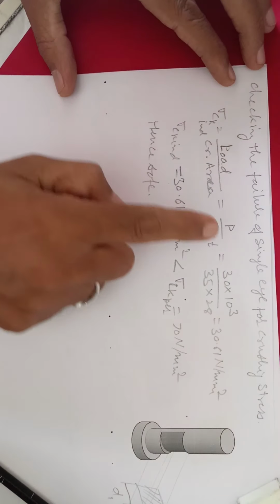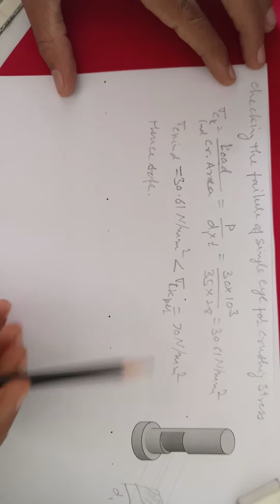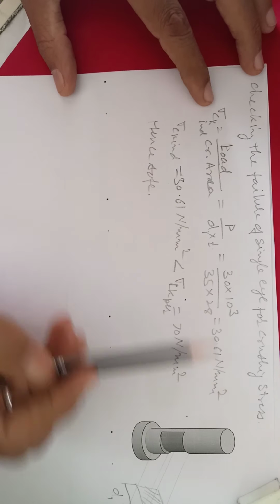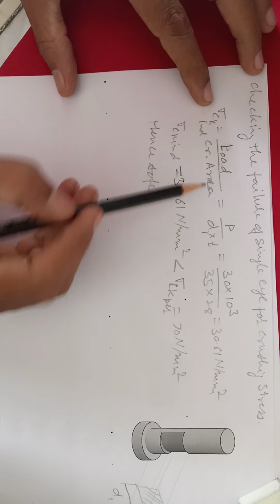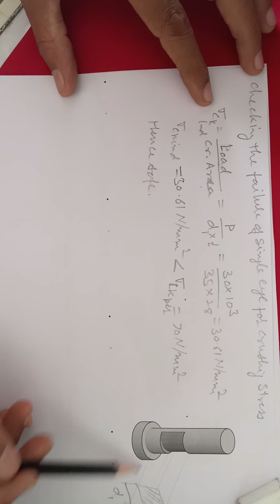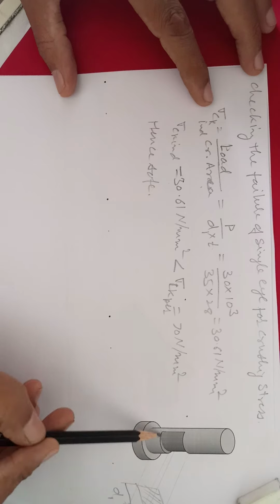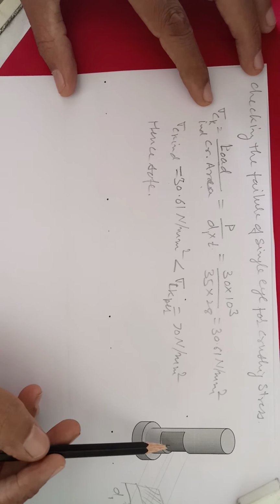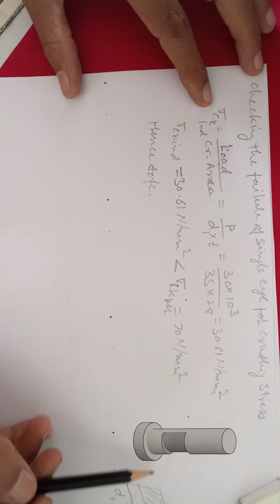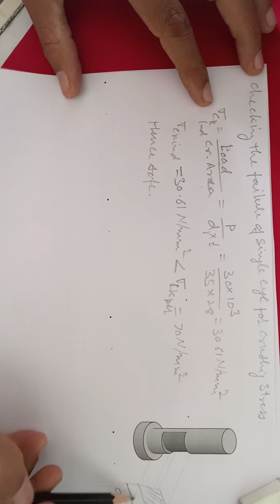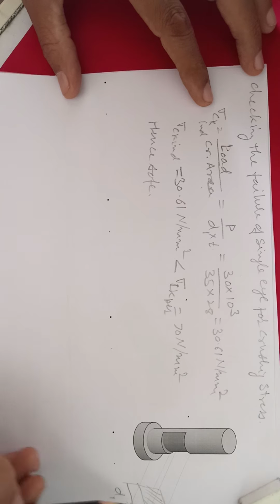Now checking the failure of single eye for crushing stress. The crushing stress is equal to load upon crushing area. Here we have already calculated the crushing area. This is the projected area. This is the pin crushed in with the single eye. Now the projected area is given by d1 into t.